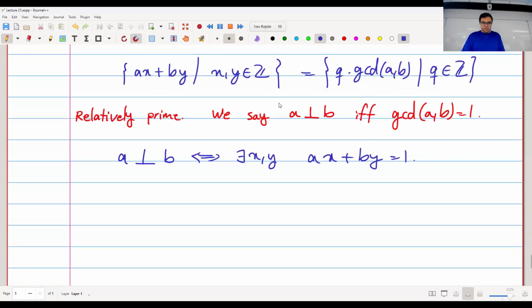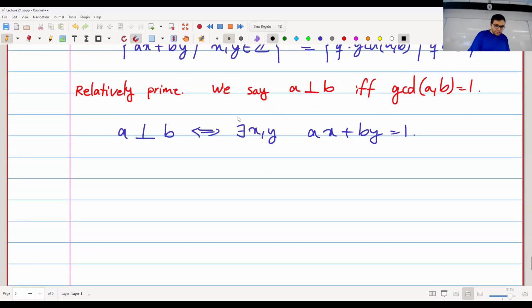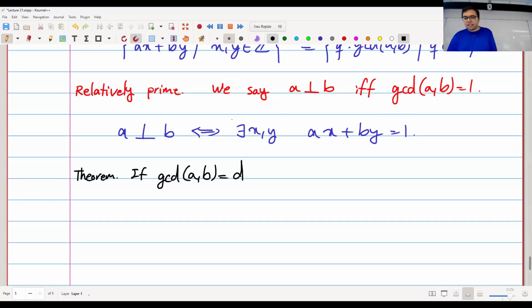So you can use whichever definition you want for relatively prime, but let me just give you another result here, which is kind of interesting as well. This is a simple theorem. So I want to say this. I want to say if GCD of A and B is D, then GCD of A over D and B over D is 1.